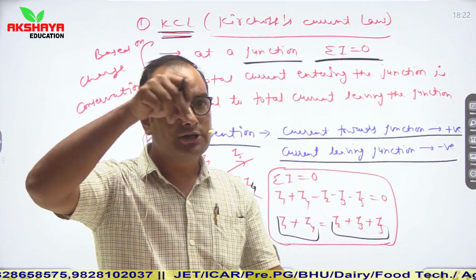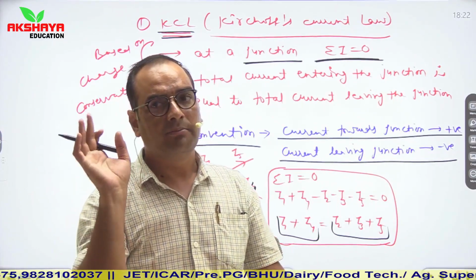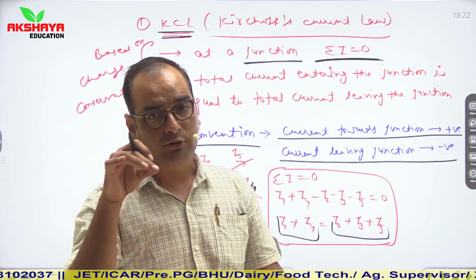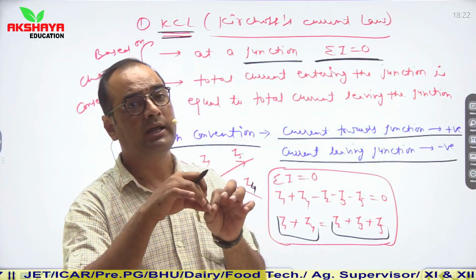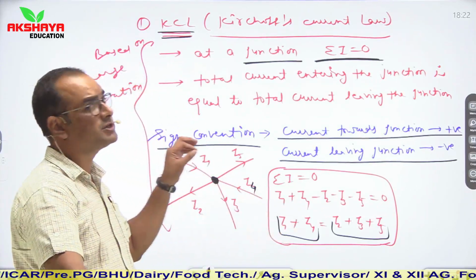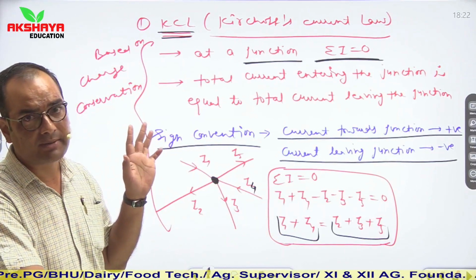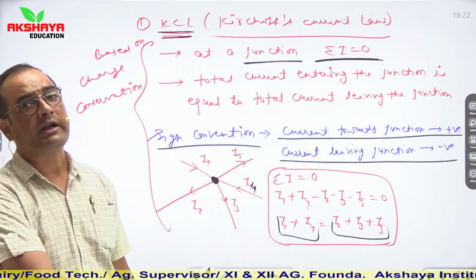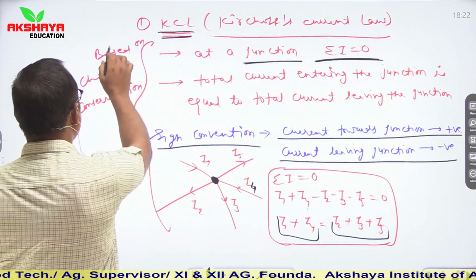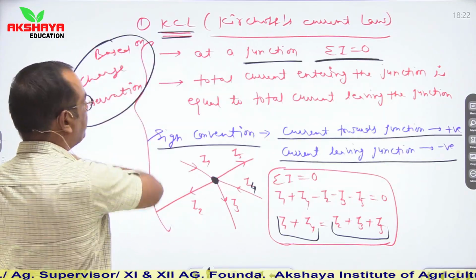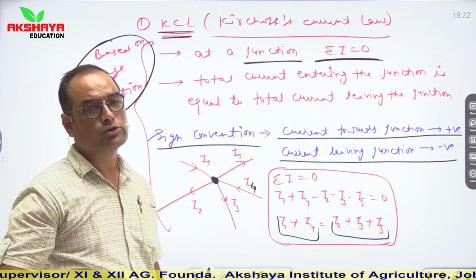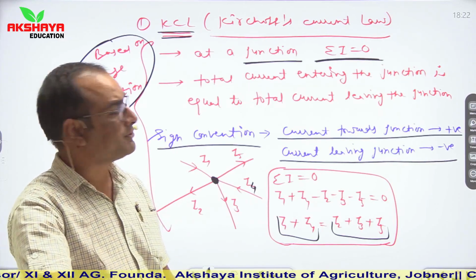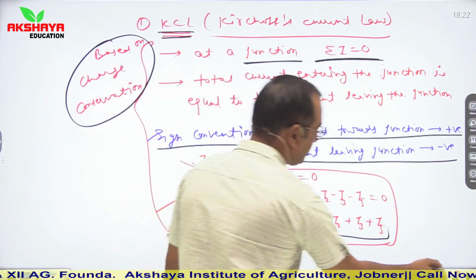It means no charge is accumulated on that junction in that time period. It means total charge remains constant. Hence, we can say that Kirchhoff's current law simply obeys the charge conservation law. So KCL is based on charge conservation. Keep in mind.